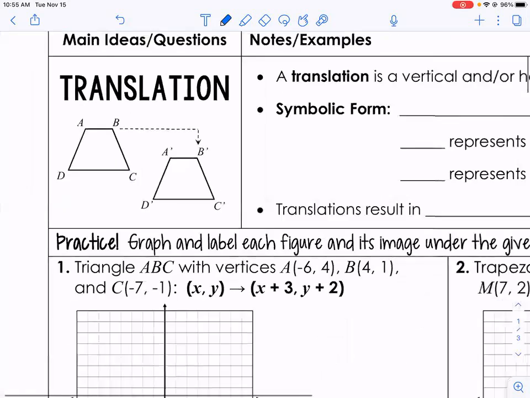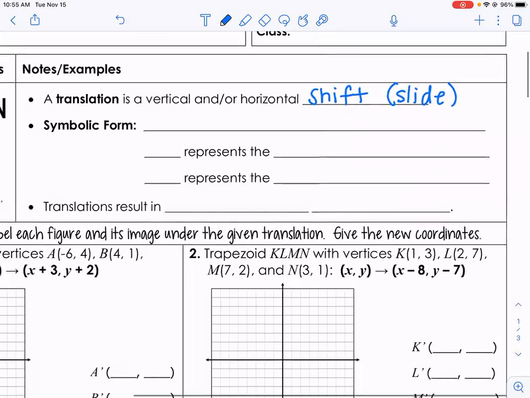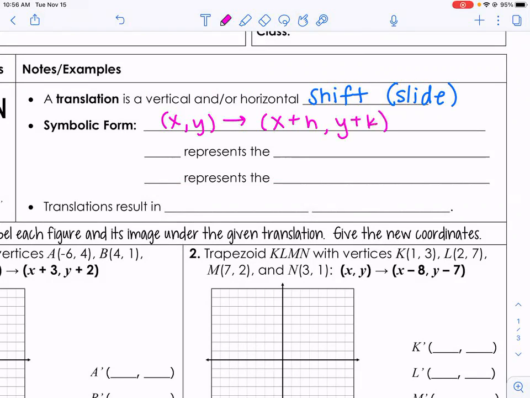Okay, so how do we know we have a translation? What's happening is you're going to see X comma Y, and then you're going to see an arrow to an X with maybe a number and a Y with maybe a number added to it.